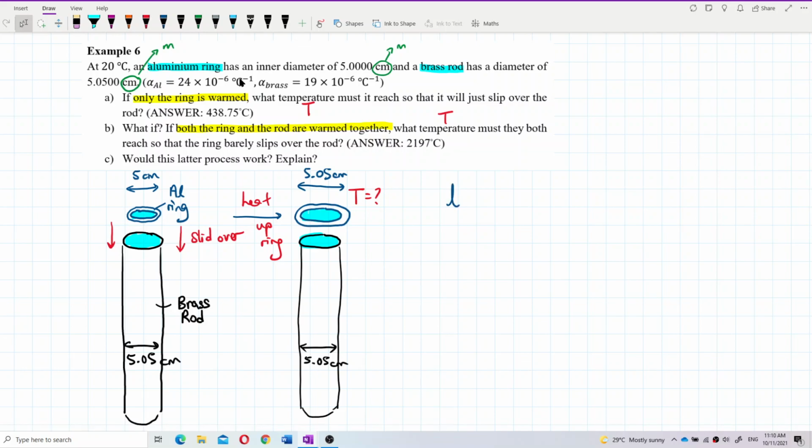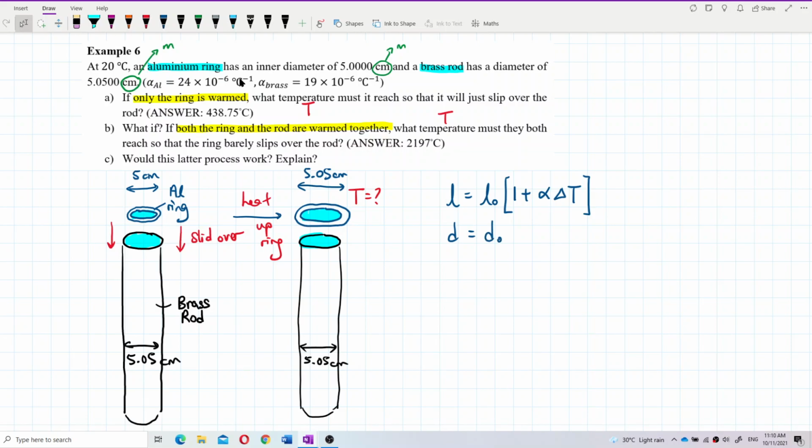The final length is equal to the initial length times 1 plus alpha delta T. The length we refer to as diameter.